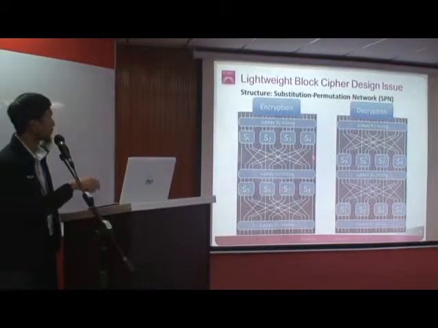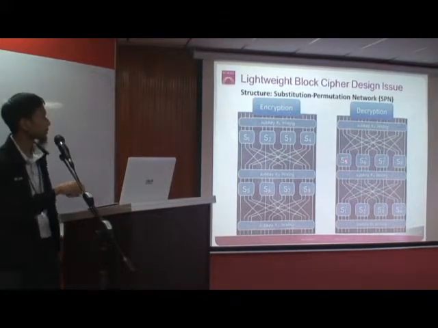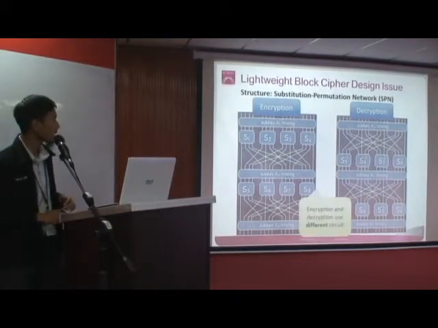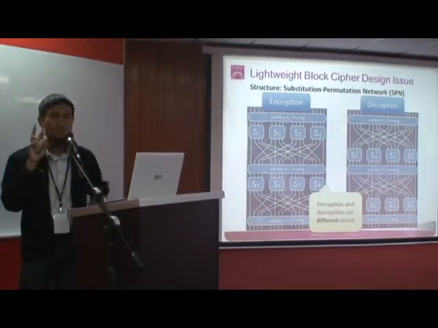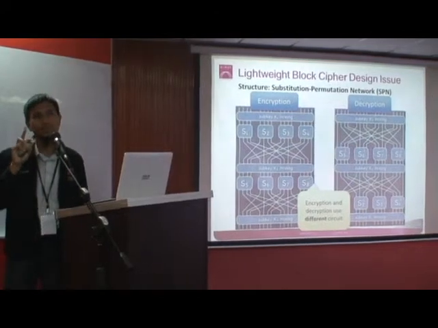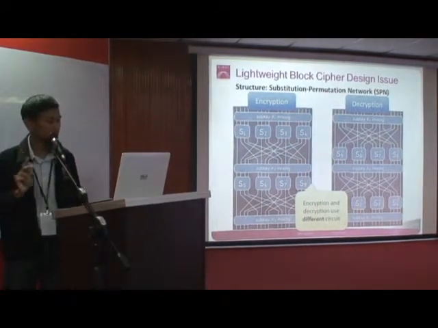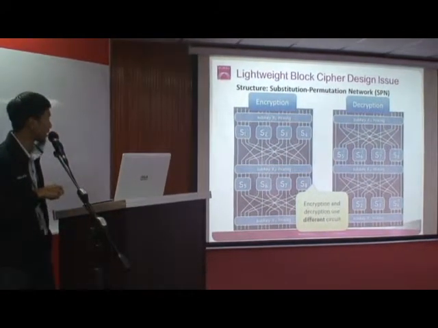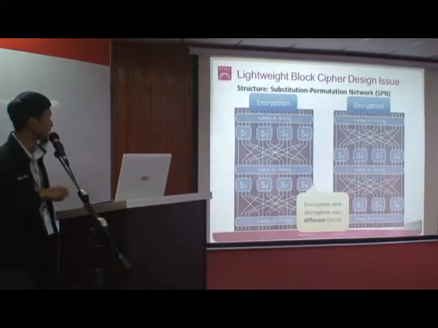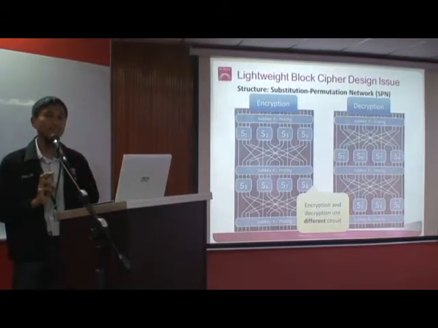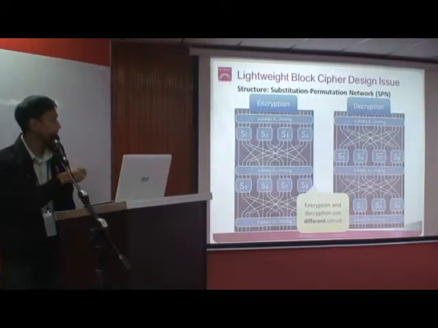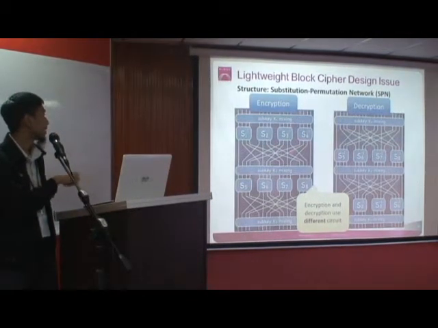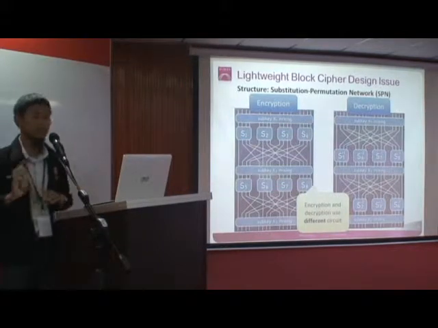And also the S-box, you need to implement its inverse. So this is S5, this is S5 inverse. So if you use SPN, you need to have two different circuits, one for encryption, one for decryption. And one round of SPN is actually 2 rounds of Feistel. In SPN, all bits are processed.